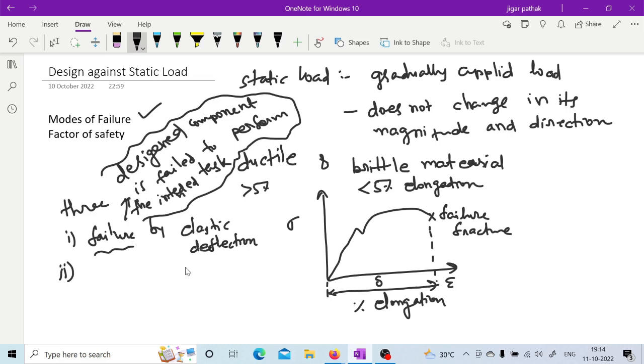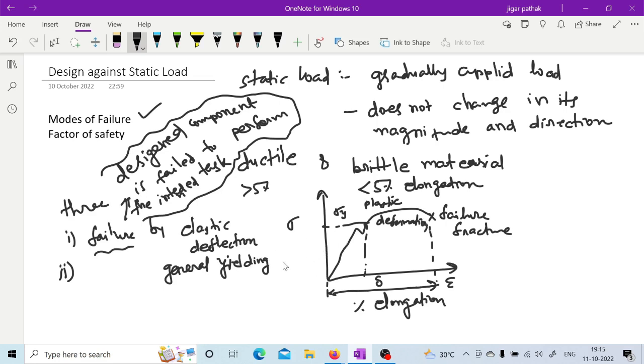Similarly, failure may be due to general yielding. Yielding means once you cross the yield stress or yield strength, plastic deformation starts.